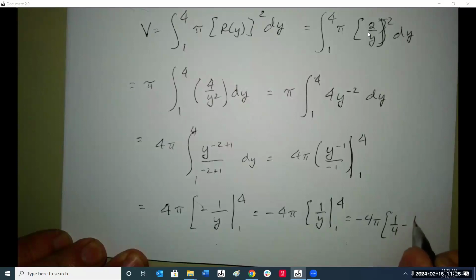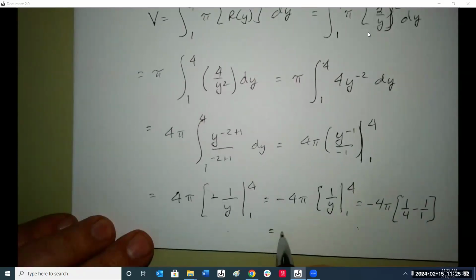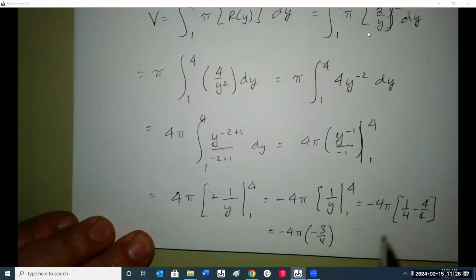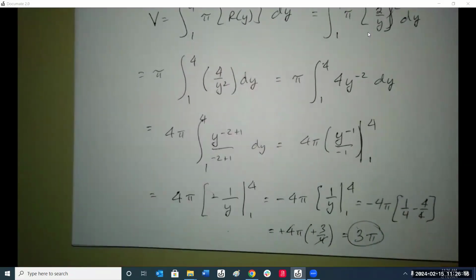One over 4 minus 1 over 1, which is 1 over 4 minus 4 over 4, making it -3/4. The negatives cancel, the 4's cancel, so it's 3 pi. That wasn't so bad.